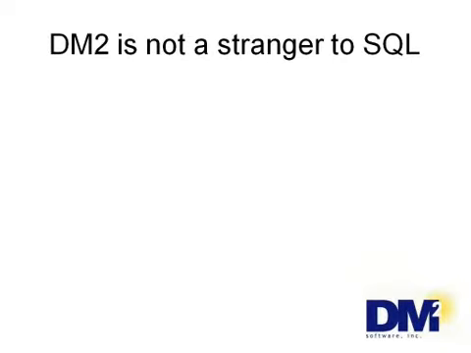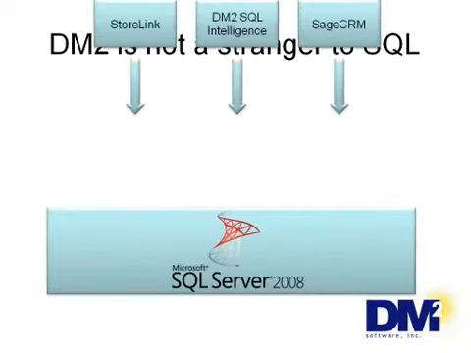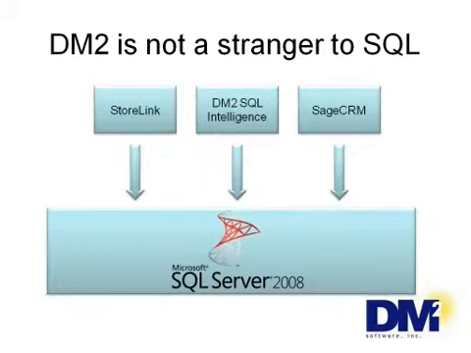So first of all, DM2 is not a stranger to SQL. Our StoreLink module, our DM2 SQL Intelligence System, and our SageCRM module all run on top of SQL Server 2005 to 2008, but 2008 is the latest version. So we have a lot of experience in this area. We've been using that tool for years and understand SQL Server, understand how it fits into the modules.